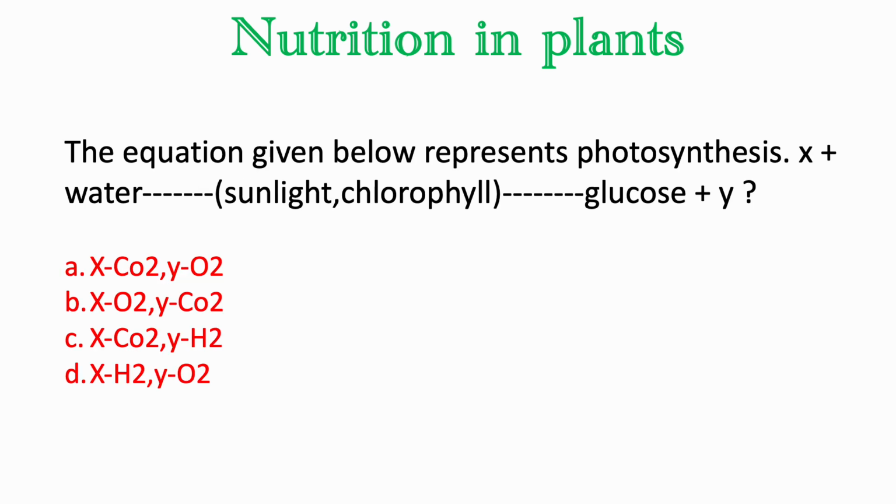Next, the equation given below represents photosynthesis: X plus water, in sunlight and chlorophyll, gives glucose plus Y. What are X and Y? Option A, X carbon dioxide, Y oxygen; B, X oxygen, Y carbon dioxide; C, X carbon dioxide and Y H2; D, X H2, Y O2.